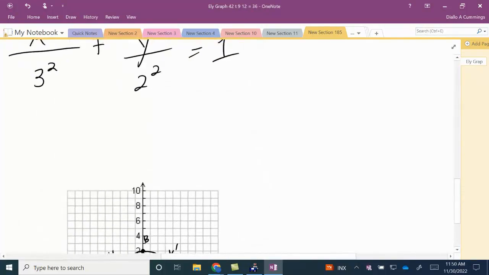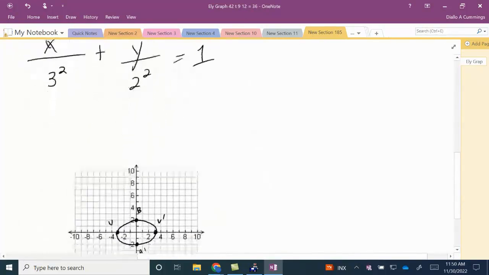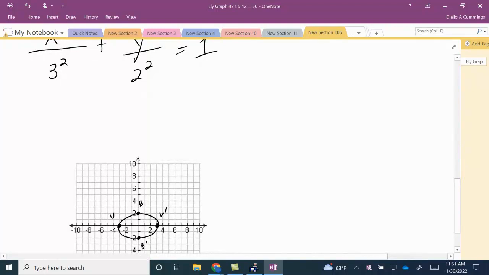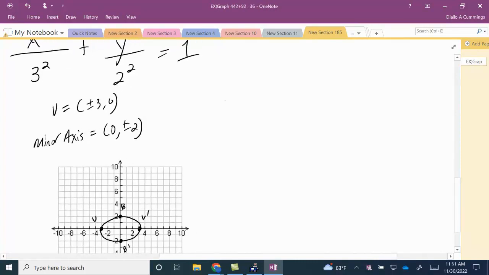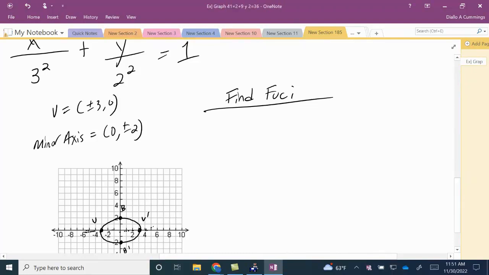We're also going to find the foci. I'm just writing these out again. In order to find the foci, here again, the foci are going to be located along the major axis, which is the x coordinate.